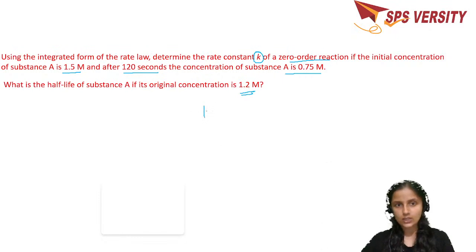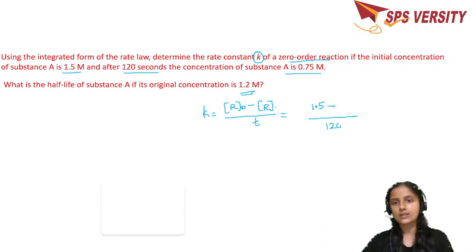So we'll start with the expression for K. K is equal to the initial concentration minus the concentration at time T, divided by the time. They have given the initial concentration, 1.5 molar, and after 120 seconds, the time is in seconds, it decreases to 0.75 molar. So 1.5 minus 0.75 will be 0.75 divided by 120.